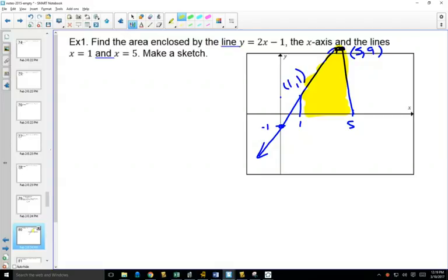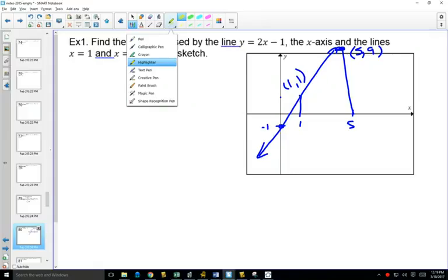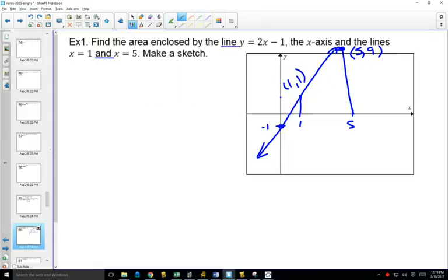Actually, if we're coloring things in, it is way more fun to color with crayons. There we go. You ever seen the Smartboard crayon pen? It's so fun. All right, there we go.